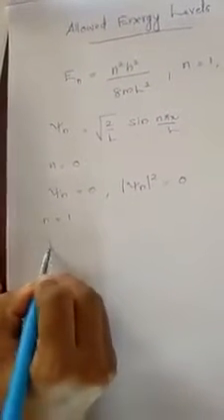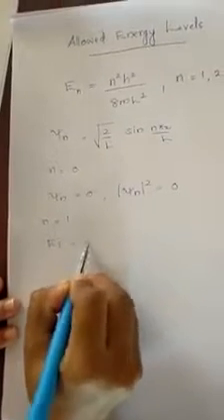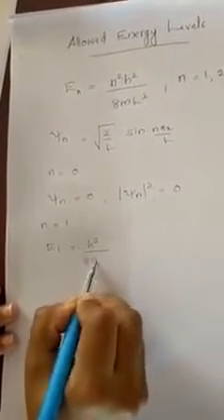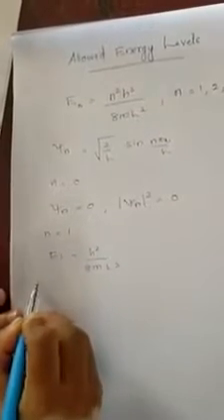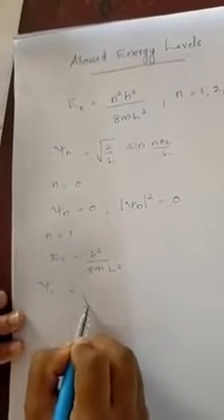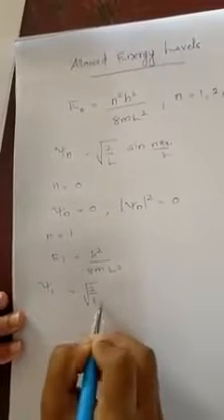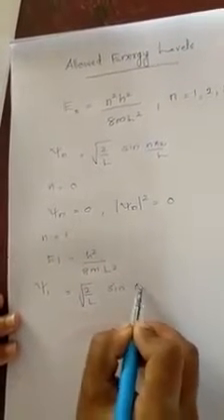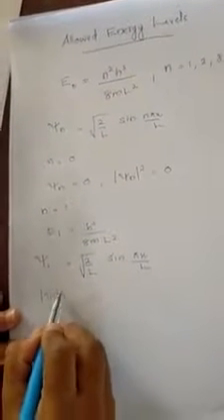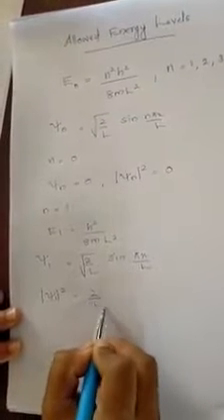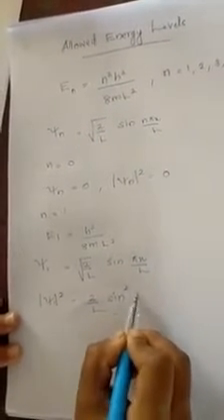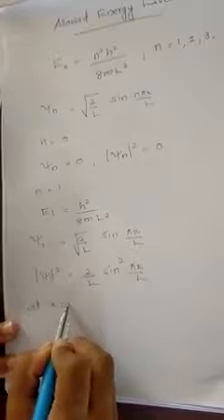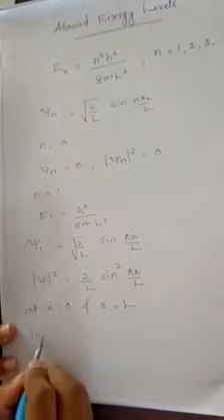When n equal to 1, E1 equal to h square divided by 8 m L square, and the corresponding wave function psi 1 equal to root of 2 by L sin pi x by L, and the probability density function psi 1 square equal to 2 by L sin square pi x by L. At x equal to 0 and x equal to L, mod psi 1 square becomes 0.